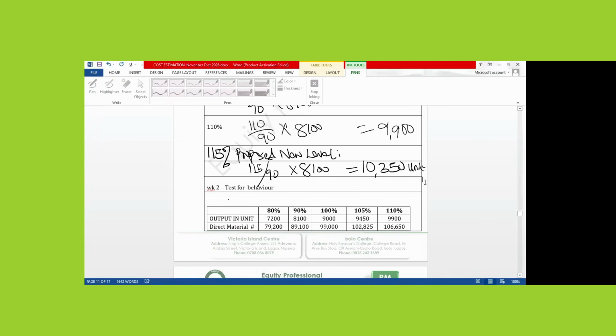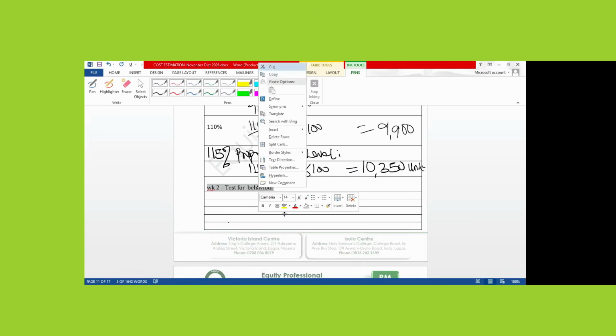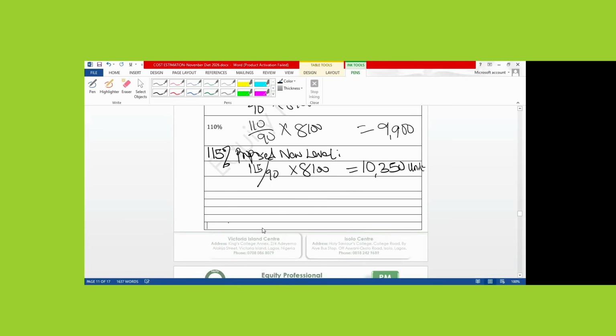Your test will tell you if the cost is a variable cost or a fixed cost or a mixed cost. We don't just assume that material cost is always a variable cost. It's like saying Panadol is always used for pain relief.